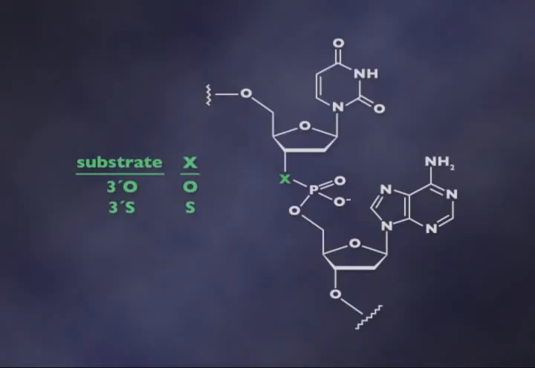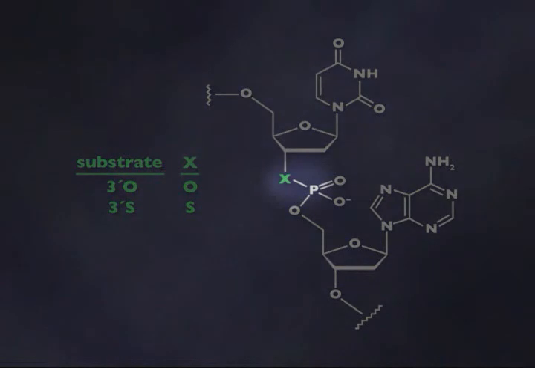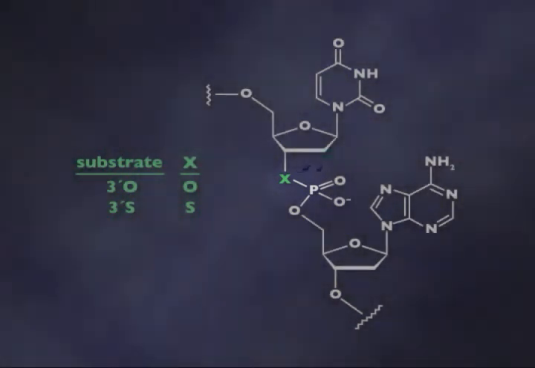And in this case, we substituted sulfur because from a chemist's point of view, that should make it much easier to cleave the bond between that atom and the phosphorus because the negative charge that's going to accumulate on this atom when the bond is broken is going to be more easily accommodated by the sulfur than the oxygen.